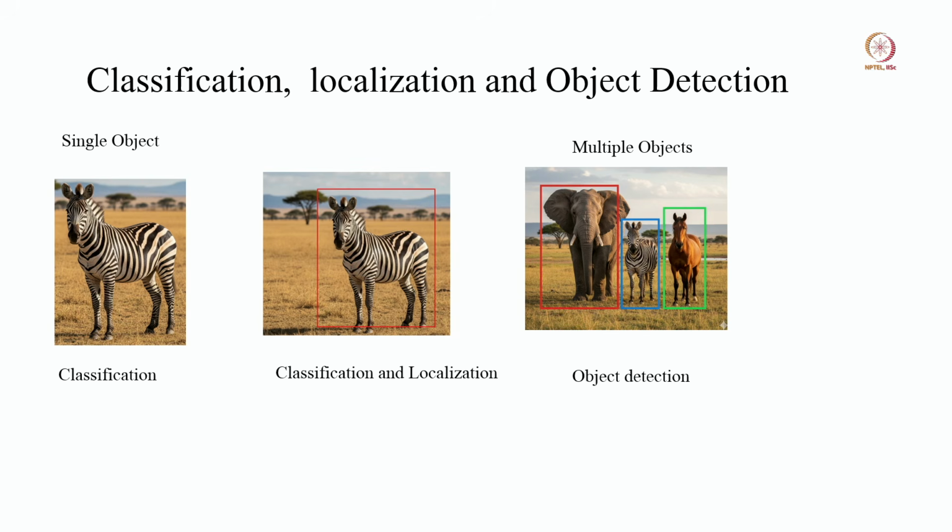In this third picture, we have an elephant, a horse, and a zebra all together in the same image, and there are separate bounding boxes around all these animals. This is called object detection. Whatever objects are there in the image, the model makes a box around each of them.